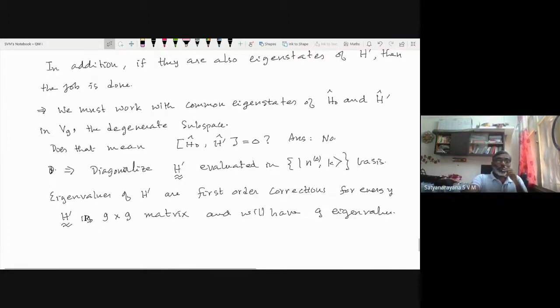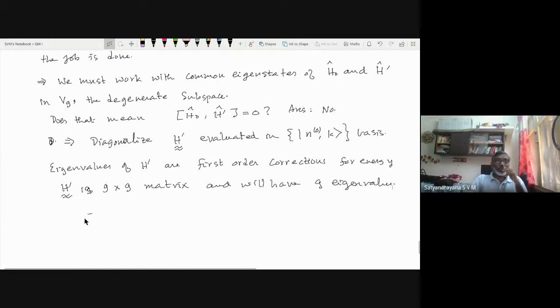As a result, EnL will be equal to En0 plus EnL of 1. The first order correction will depend on L, correct? So each eigenvalue will be a correction. That is how the degeneracy gets lifted when there is a perturbation.